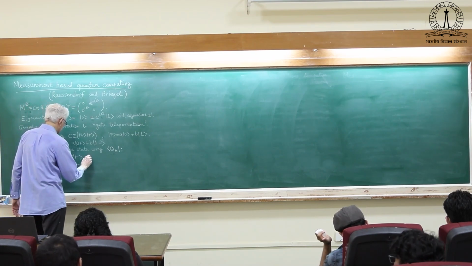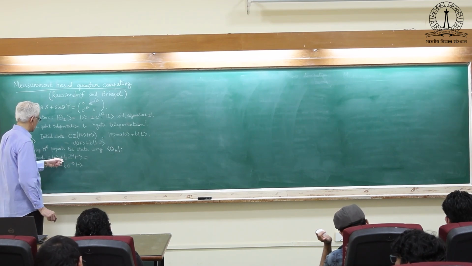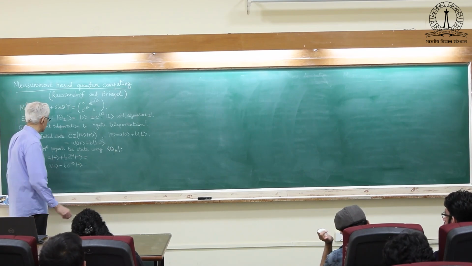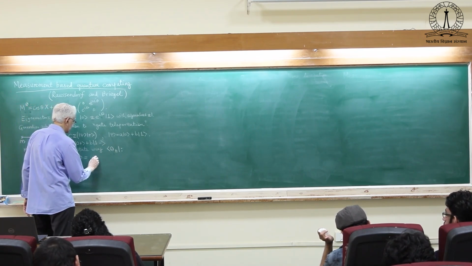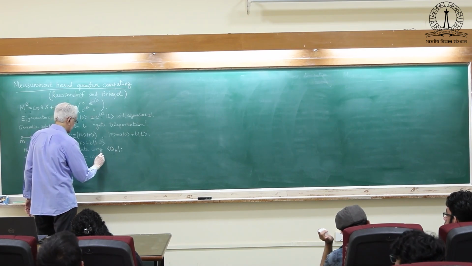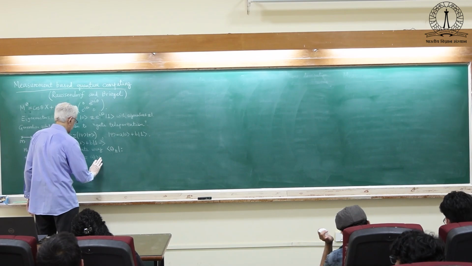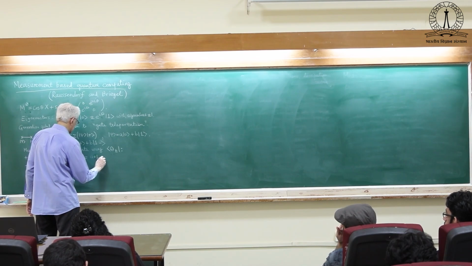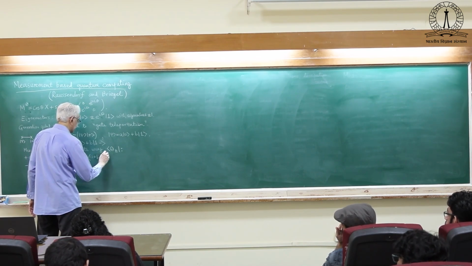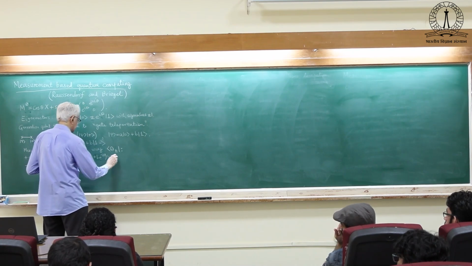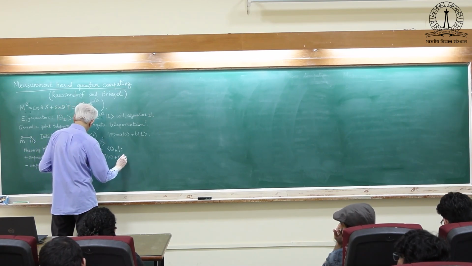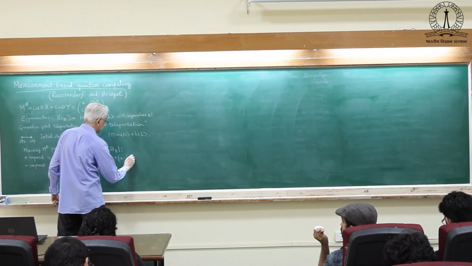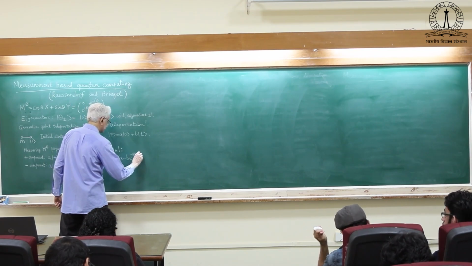So, now let me just rewrite this by expanding out this plus and minus in the original computational basis of 0 and 1. So, this is 0 plus B. So, A and B, B e raised to minus i theta times 0, and plus A, the minus one is minus component times 1.